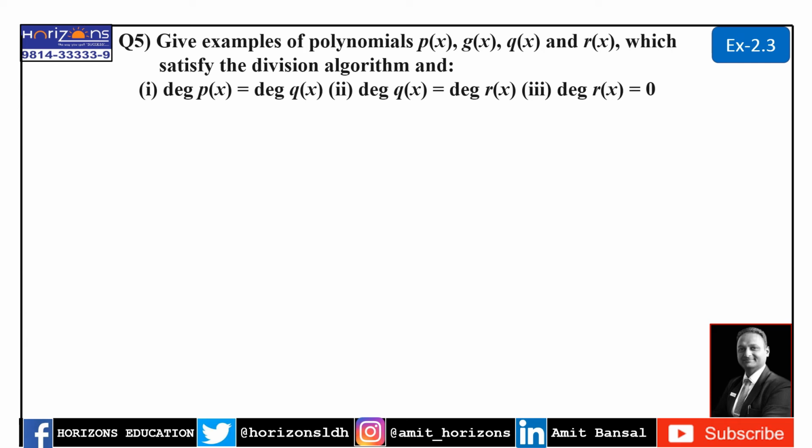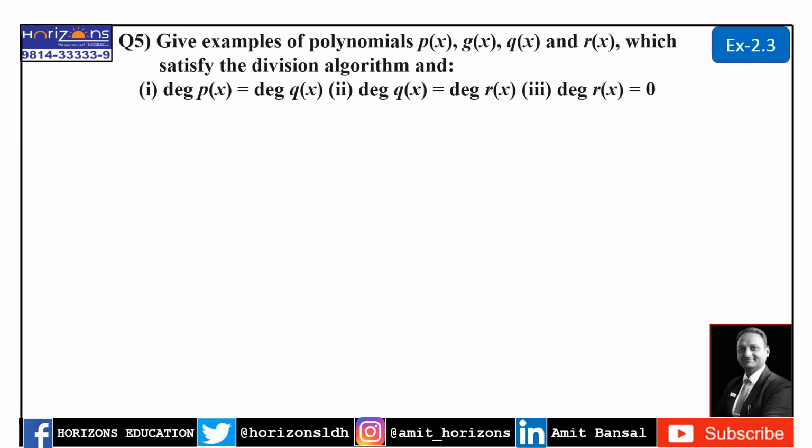This question states that we need to give examples of polynomials which satisfy the given conditions as have been stated in the question. So first part is we need to give an example of a polynomial px and gx such that the degree of polynomial and the degree of quotient are equal. Right friends?